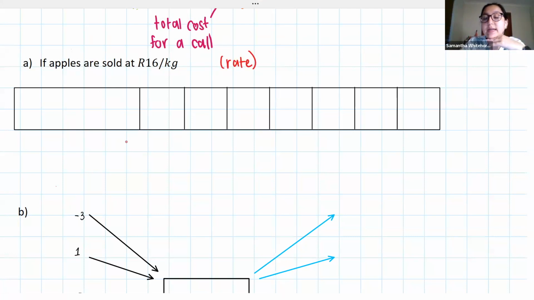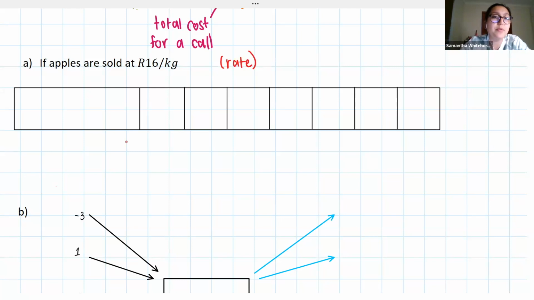A rate is a value per unit. For this example, I'm telling you how much it costs per kilogram. A rate could be airtime, the cost per minute. So whenever there's this per word, or 1 unit is this amount, we are dealing with a rate.